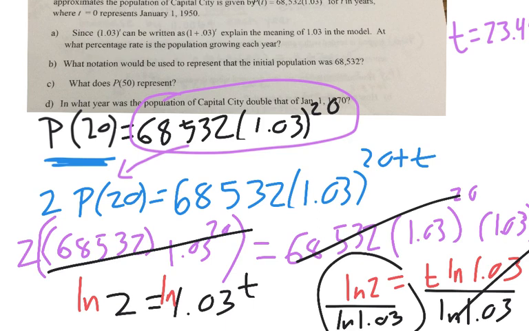Which means, what's really the question? The question is, what year was that? So if T is 23.445, what's the year? 1993. Probably June 29th.